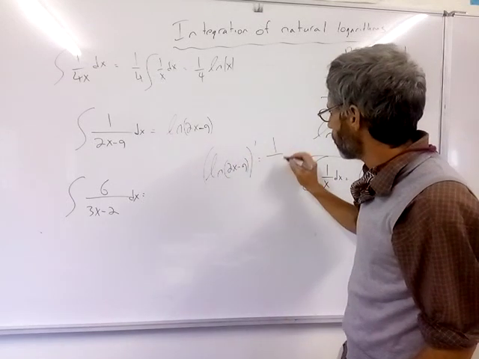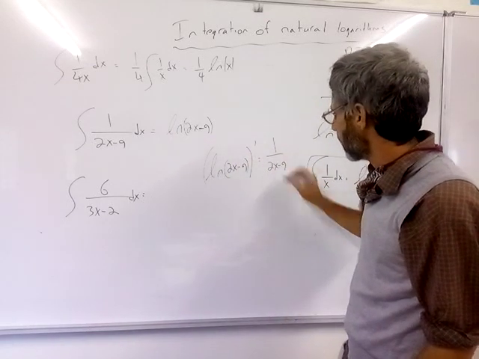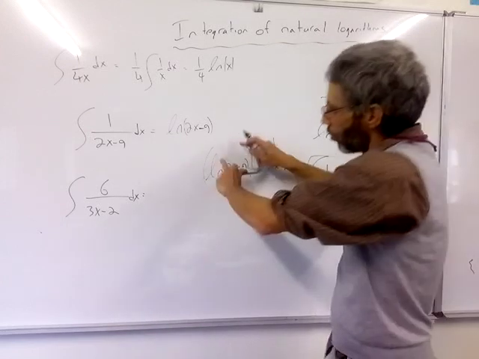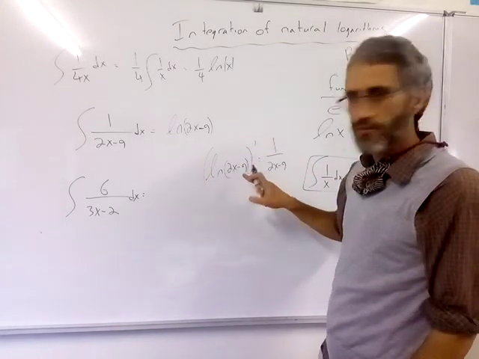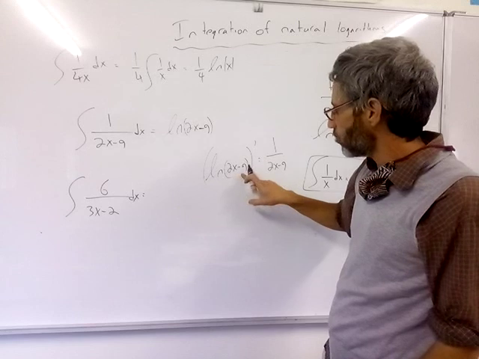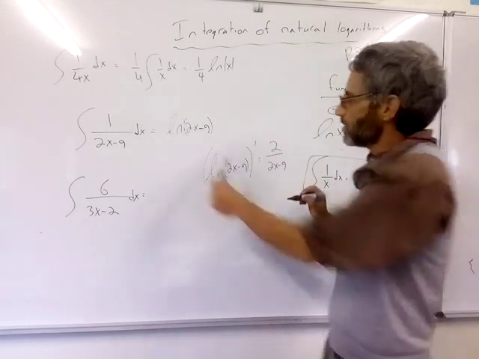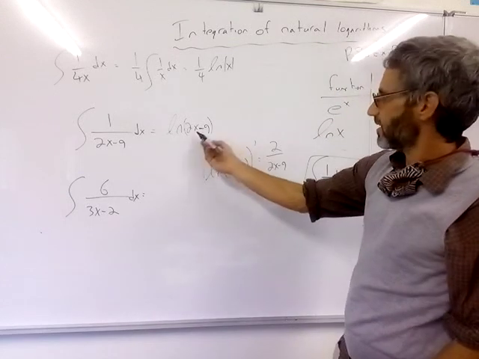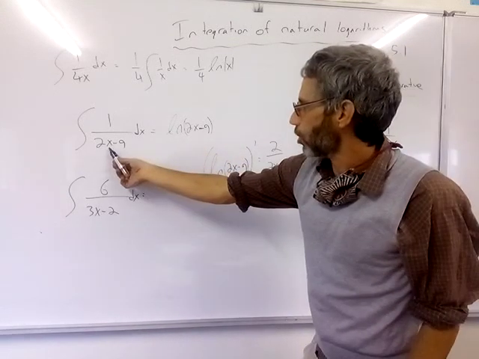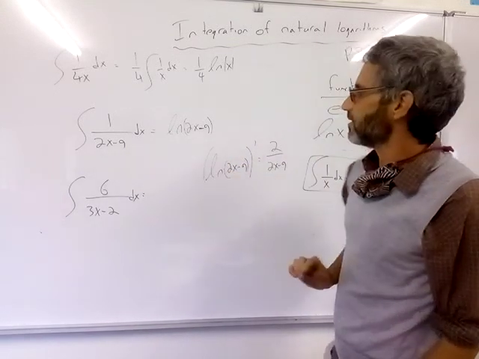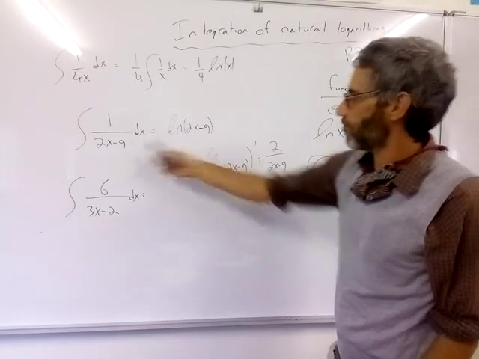So the answer will be 1 over 2x minus 9, 1 over whatever is there, times the derivative of the inner function. What's the derivative of 2x minus 9? Well, it's just 2, isn't it? So you can see why I had a good guess here. Whatever is at the bottom, if it's power 1, the solution will be log of that thing.